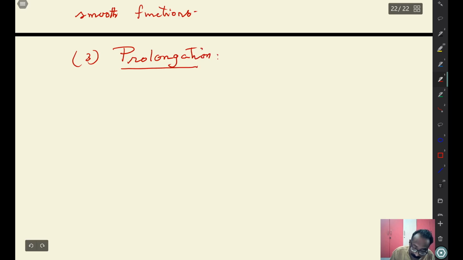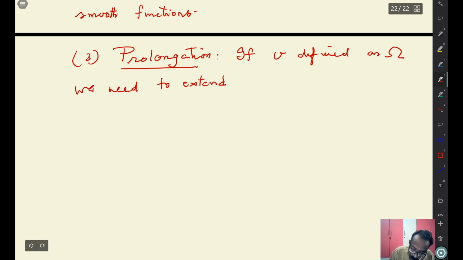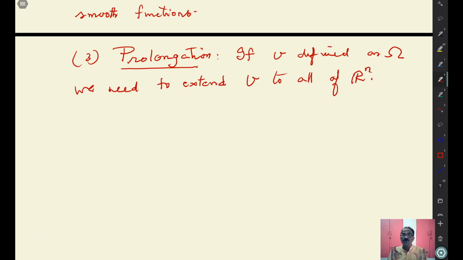Quite often, if v is given, defined on Ω, we need to extend v to all of Rn, because in the full space you will be able to use other machinery like the Fourier transform, etc. Doing analysis in a domain with a boundary will be difficult.